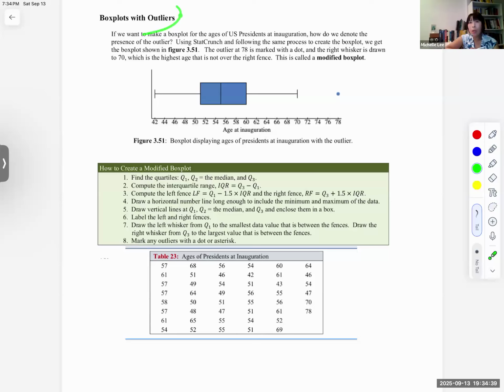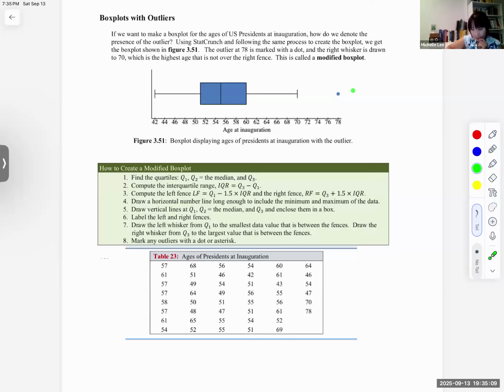Okay, so we knew how to draw a box plot by hand earlier without outliers, right? It was simple. So now we have an outlier. So how do we draw the box plot? We are going to add the lower fence, upper fence, and then we are going to add outliers.